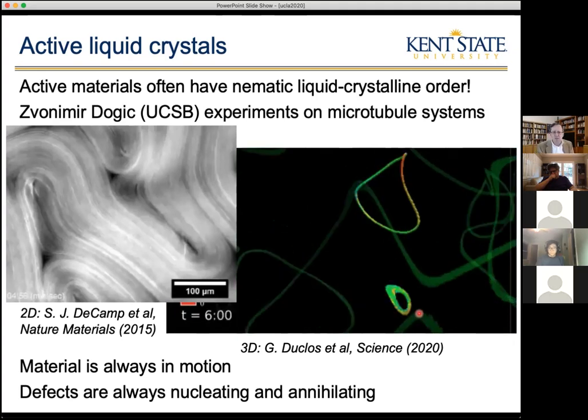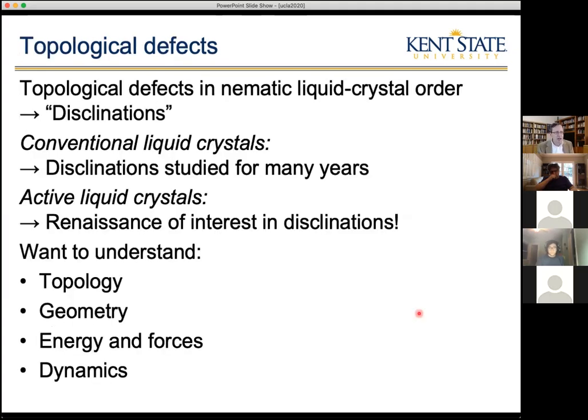So this is the subject that I'm talking about, right? The topological defects that occur in both conventional and active liquid crystals. All right, so these types of topological defects go by the name of disclinations. And in the field of conventional liquid crystals, disclinations have been studied for many years, for decades.